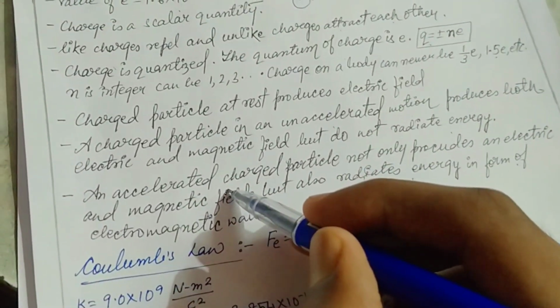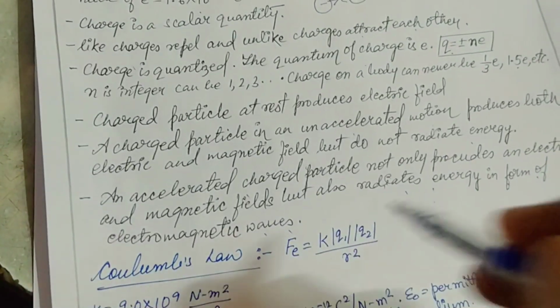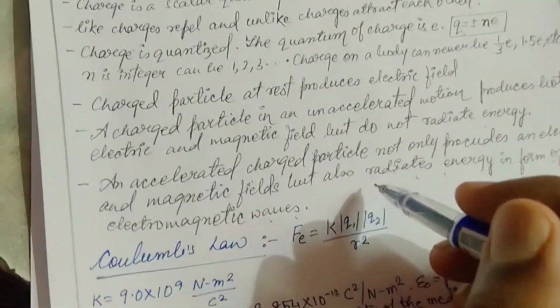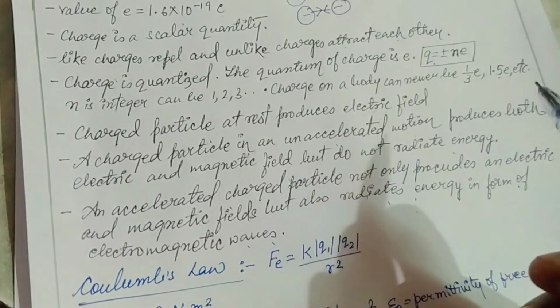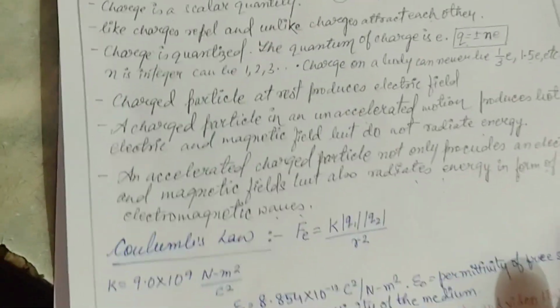So accelerated charged particles radiate energy in the form of electromagnetic waves, while unaccelerated motion produces both electric and magnetic fields but does not radiate energy.